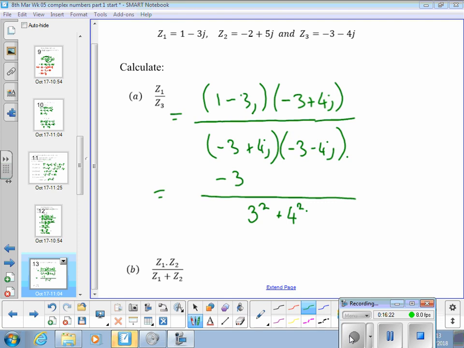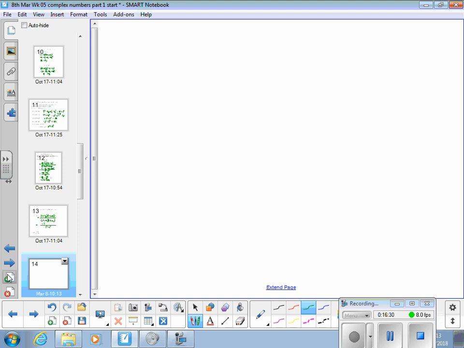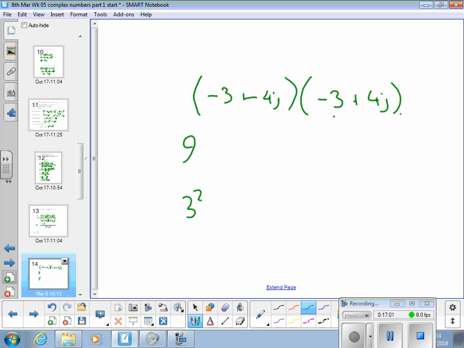Well, if we go back to it, but if you're not getting why that happens, then perhaps you need to do the whole multiplication of that minus 3 minus 4j multiplied by the conjugate, and then we minus 3, 4j.